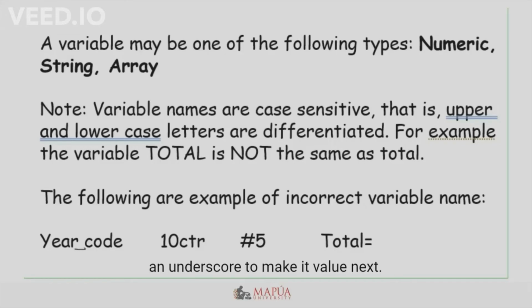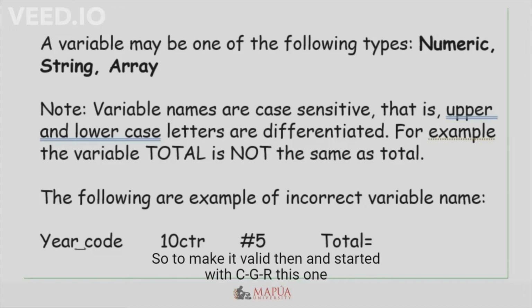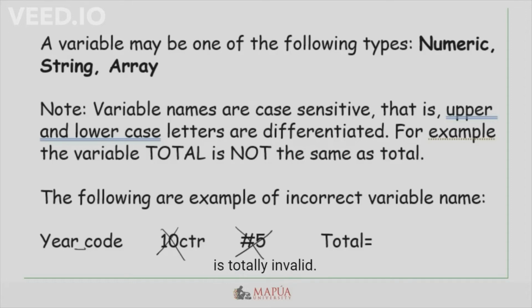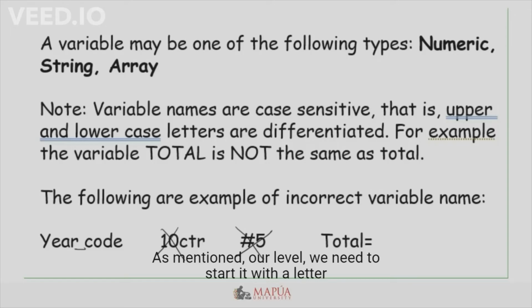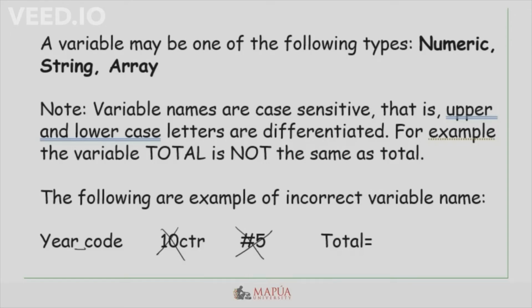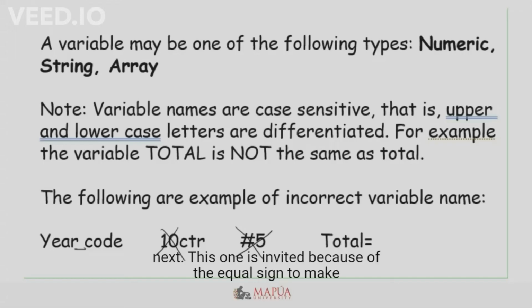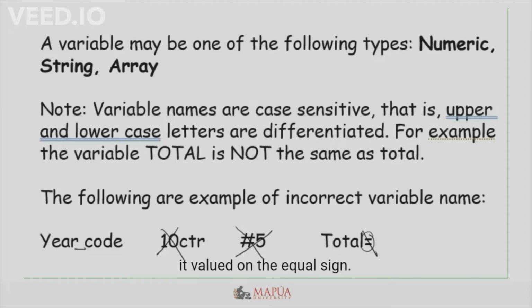Next, 10CTR is invalid, so we do not start it with a number. To make it valid, omit 10 and start it with CTR. This one is totally invalid. As mentioned a while ago, we need to start it with a letter. Next, this one is invalid because of the equal sign. To make it valid, omit the equal sign.